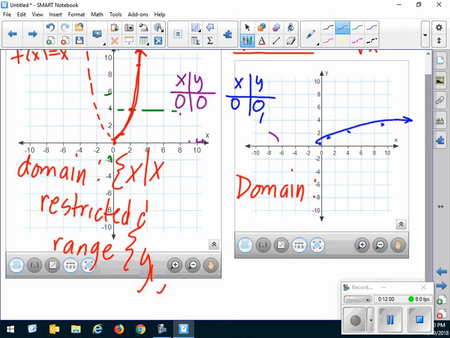What was the range of the original? Y is greater than or equal to 0. So that's going to be my new domain, but it's going to be x now. They just switch. That's what happens. The range of the new one is the domain of the old one, but it's the restricted domain.